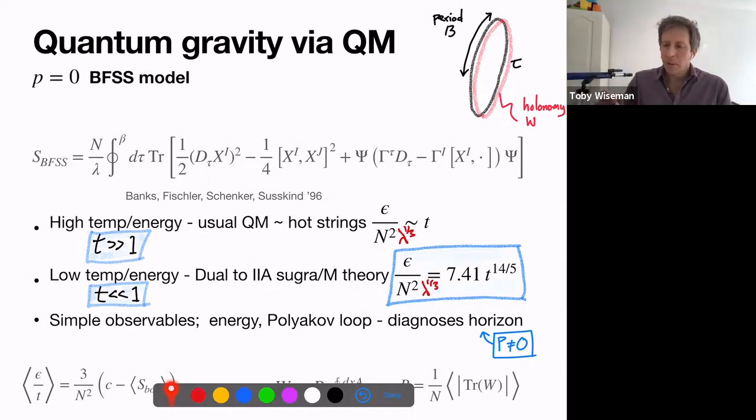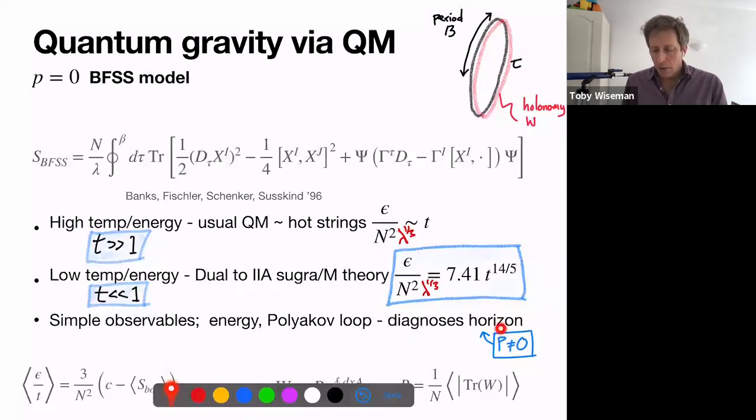The other observable is the holonomy of the gauge field around the Euclidean time circle. This is an element of SU(N), and therefore the eigenvalues lie on a unit circle in the complex plane, that is, they are phases. At large N there are lots of them, so we can think about the distribution of the eigenvalues on this circle.